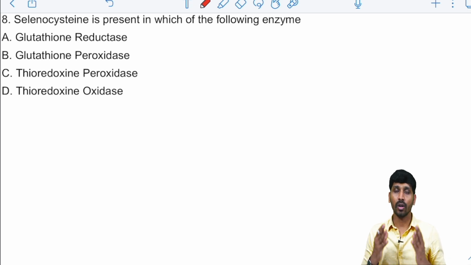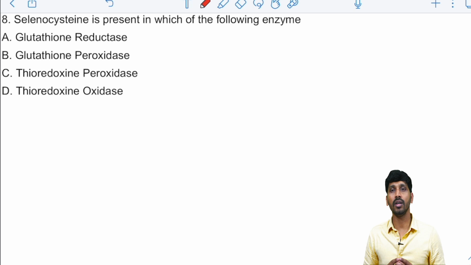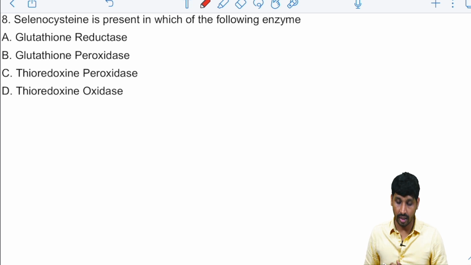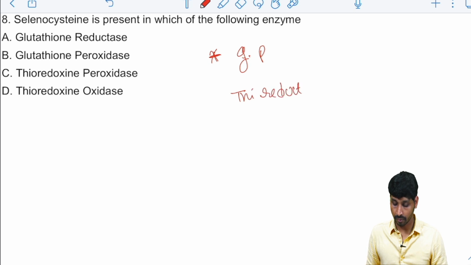There are codons which have been discovered for coding of this amino acid, right? Remember the key feature: selenocysteine is required for three enzymes in our body. One is glutathione peroxidase, another is thyroxine reductase, and the other is deiodinase.